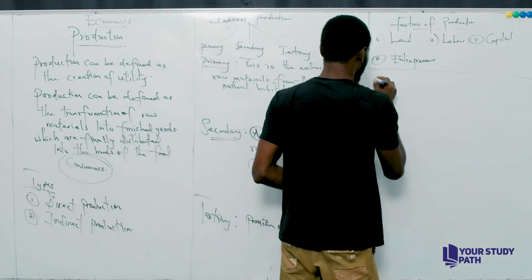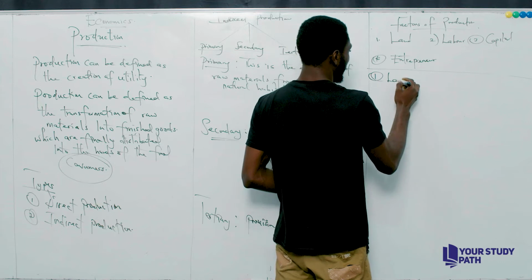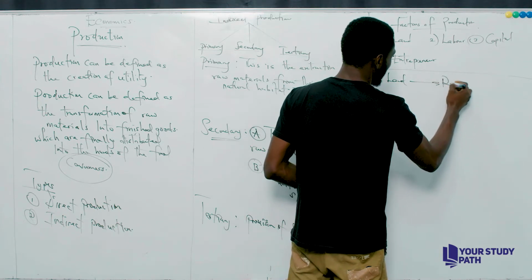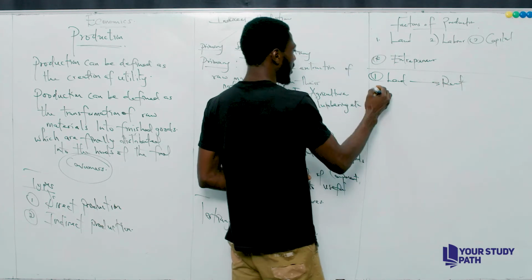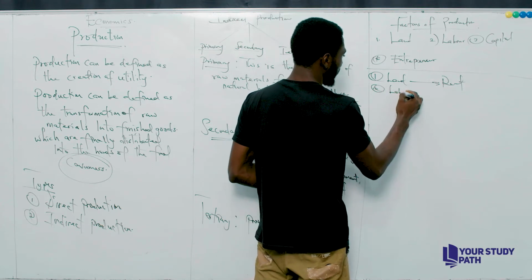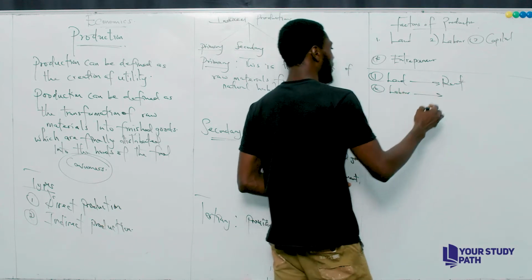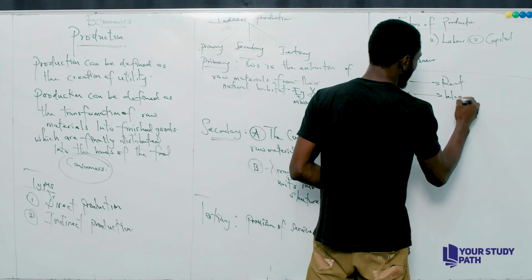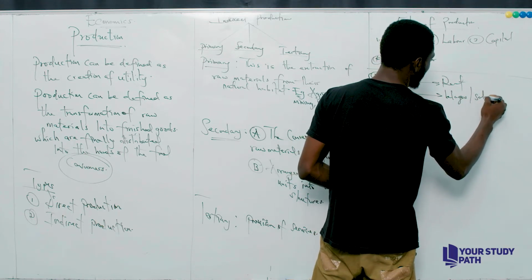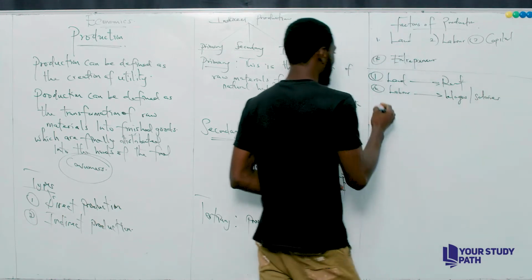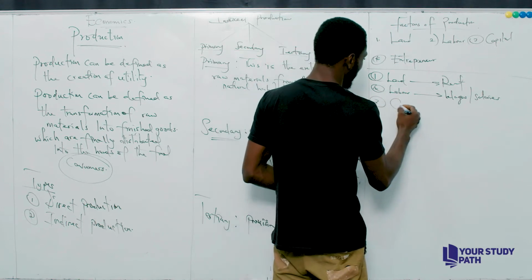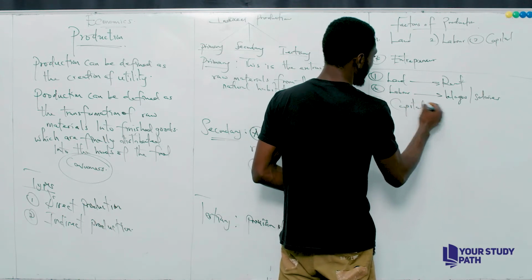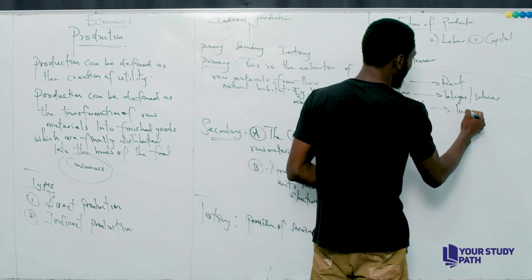So when we say land, the benefit of land is rent. Labor: the benefit of labor is wages or salaries. The third one, capital: you have the interest.